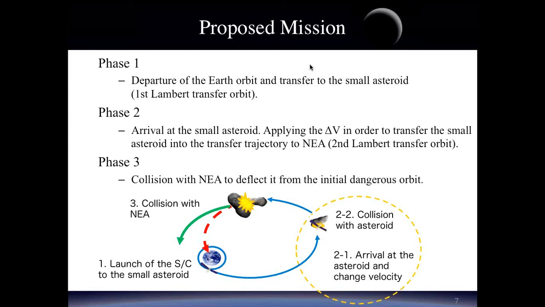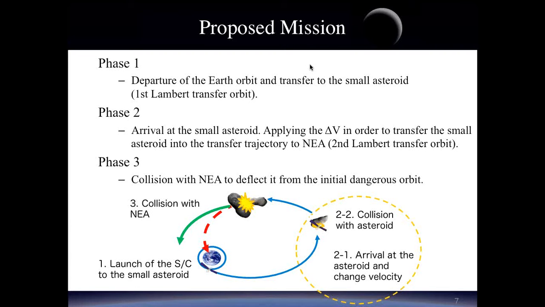Our proposed mission consists of 3 phases. In the first phase, the spacecraft is launched and departs from the Earth. In the second phase, the first kinetic impact between the spacecraft and the small asteroid occurs.